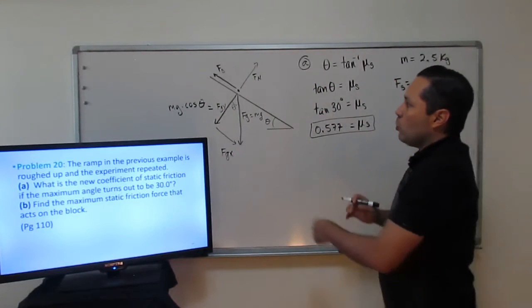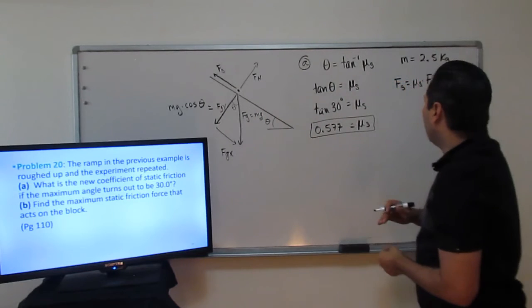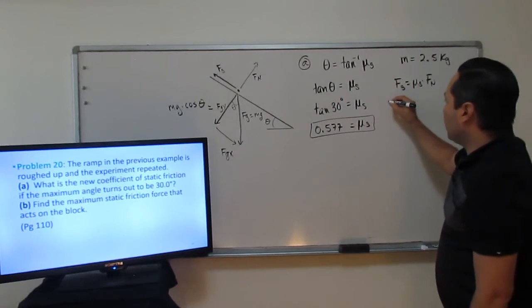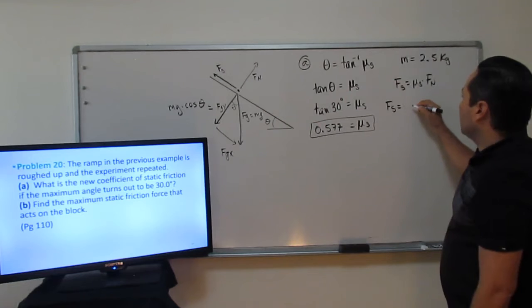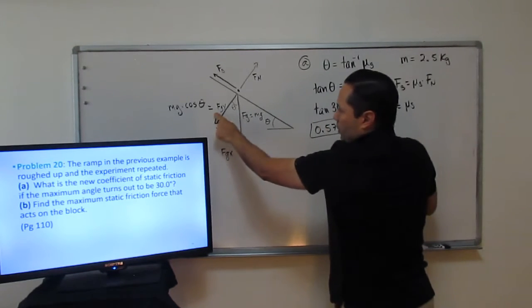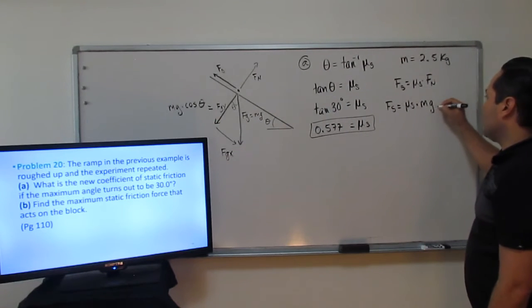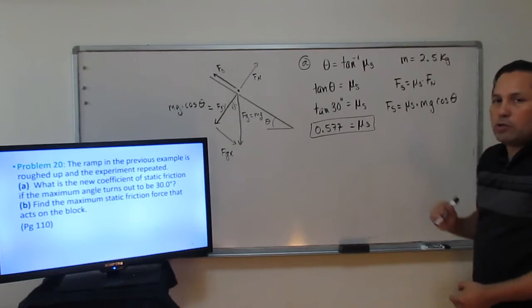Because we have this value, now we have the normal force. So in place of the normal force, I'm going to put mass times gravity times cosine of theta. That's how we're going to solve for it.